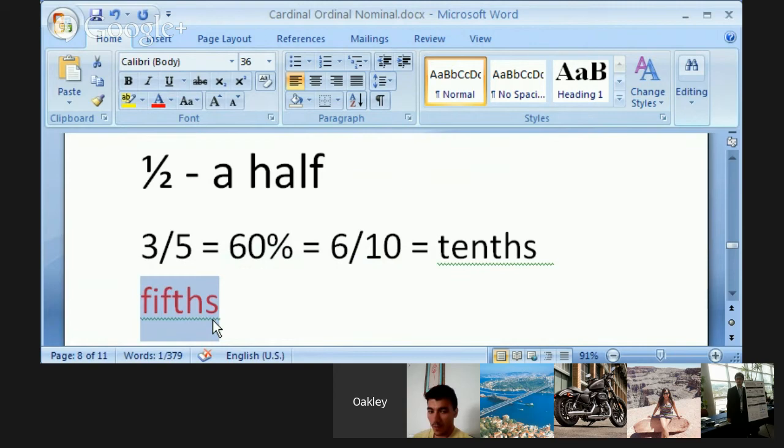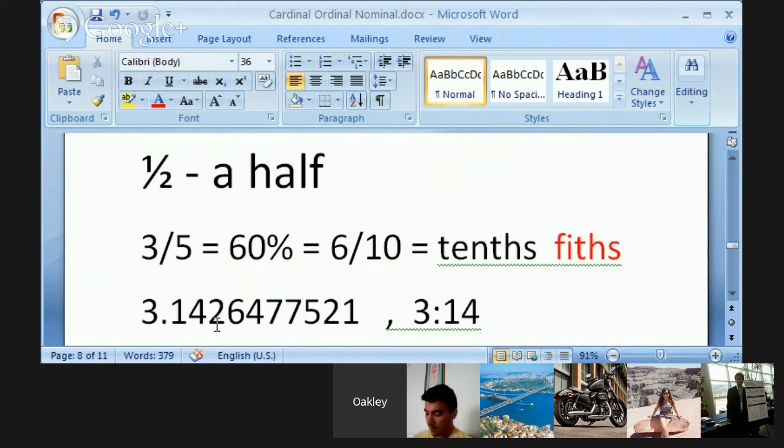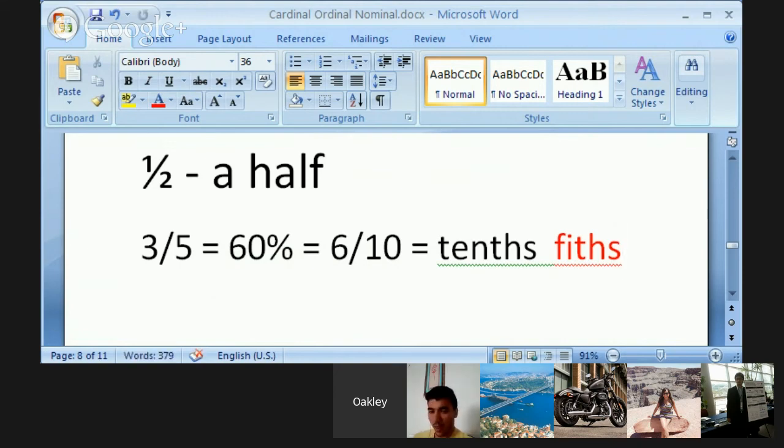Fifths. Okay. Really, in English, basically, you don't really hear that second F. It just sounds like fifths. Okay. Fifths. All right.